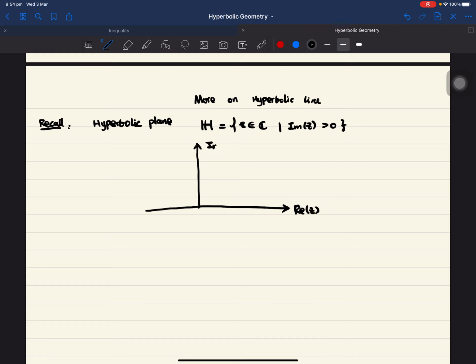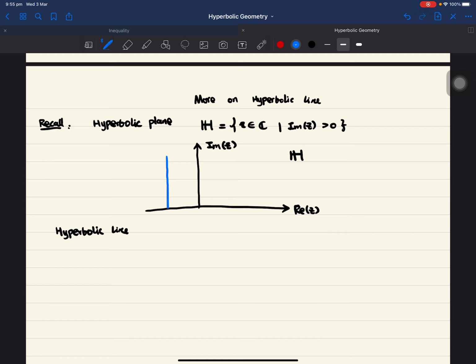So that's our hyperbolic plane. And a hyperbolic line is a line that is perpendicular to the real axis on the hyperbolic plane.